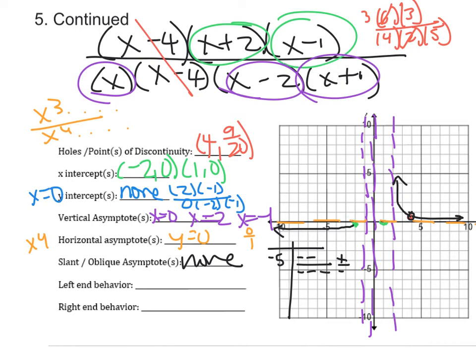So if I plug in negative 1.5 here, negative 1.5 plus 2 is positive. Negative 1.5 here, that's negative. Negative 1.5 here, that's negative. So that's 3 negatives. So I end up with a negative over a negative, which is a positive. So I know that it goes up through there.